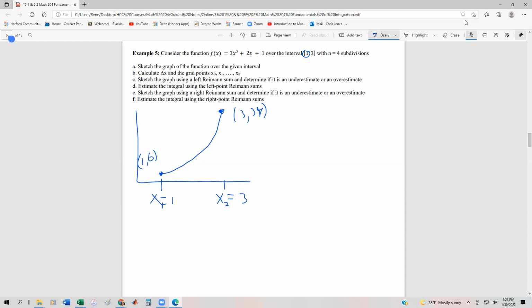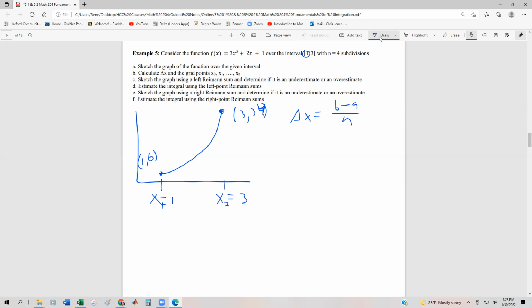All right, given that information, now we can do the second part, where it asks us to compute delta x, which should be pretty easy, and also to find the grid points. So delta x is found by the formula b minus a over n.